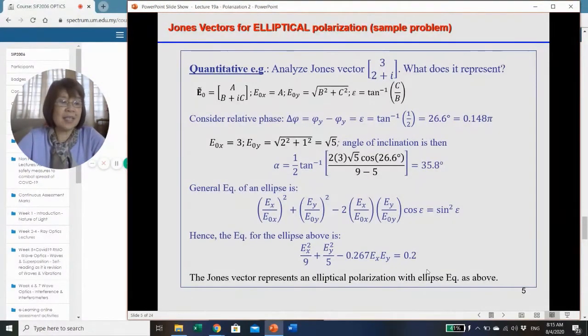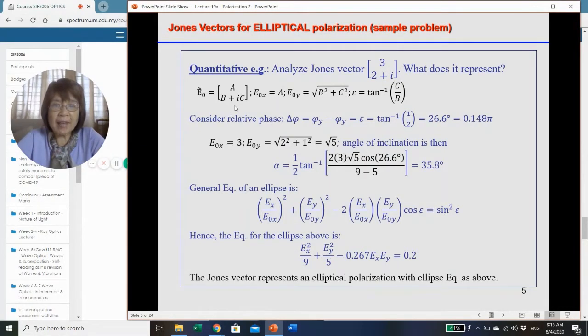Now, this is a sample example for elliptical polarization. Let's analyze this Jones vector. See, you have a real component for x, and a real and an imaginary component for the second element here. So based on what we have just learned, we compare this to this.